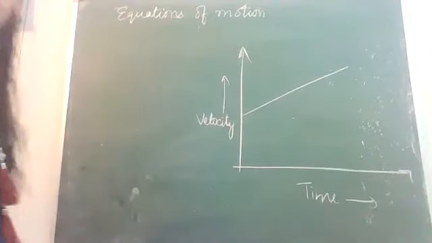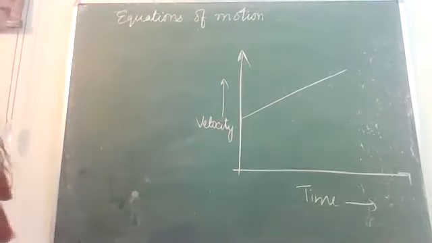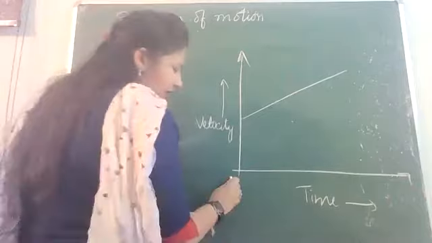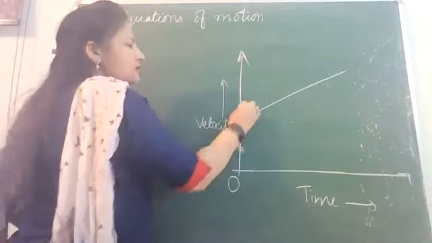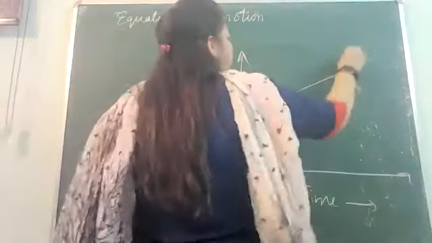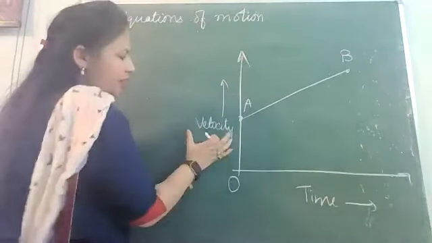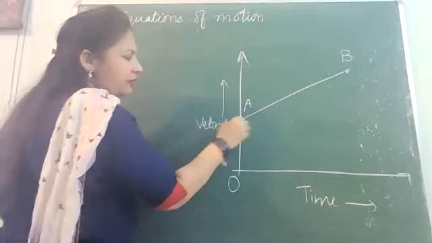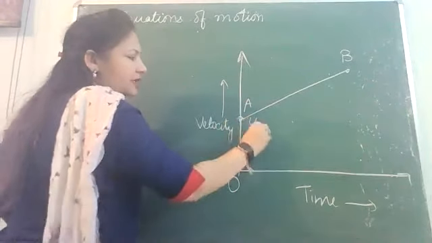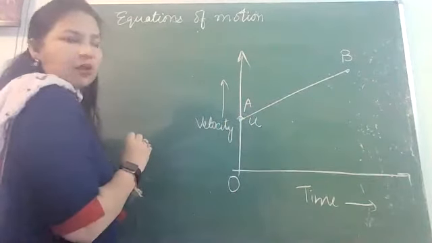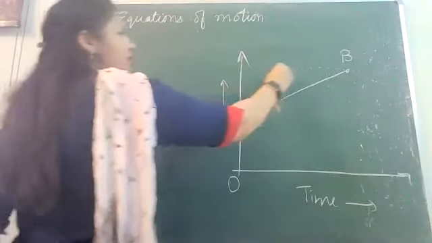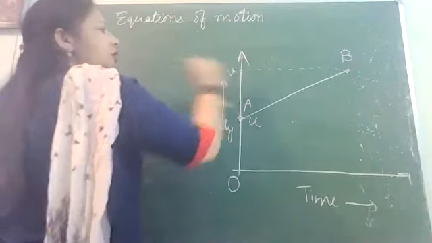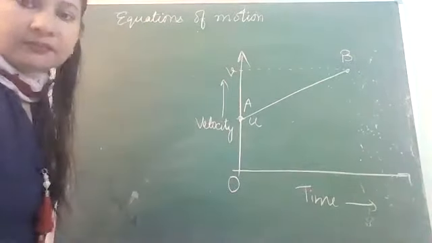All right. So after this, we will label this graph. Suppose this is origin O, this is point A, and this is point B. Now here we have the velocity of the point from where velocity is starting, that is the initial velocity, and the point where the velocity is ending is the final velocity v.